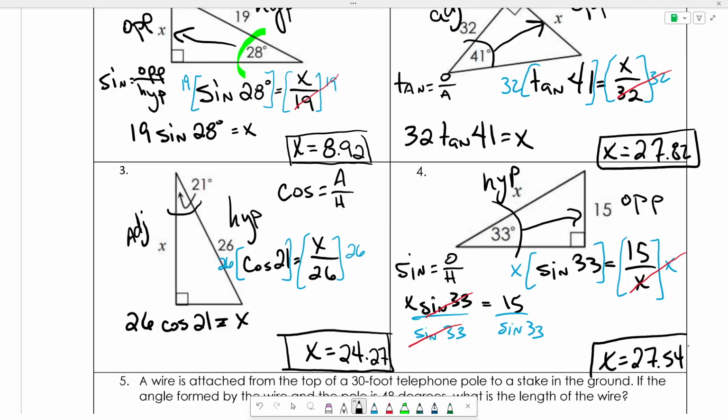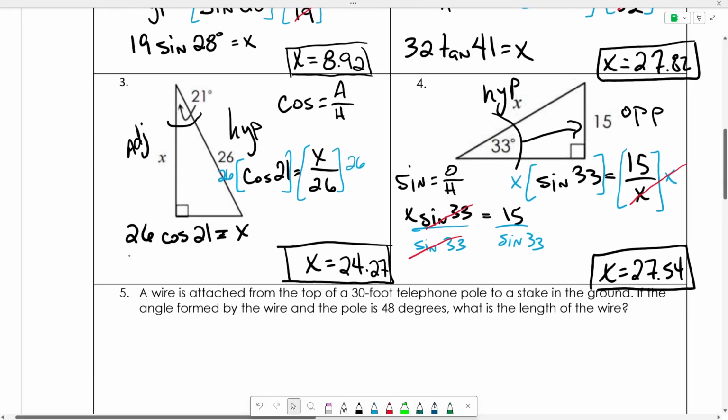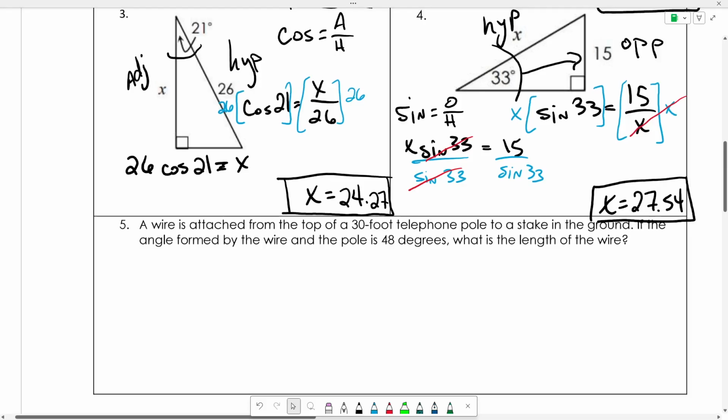It's like, okay, great. We can go find missing sides of just random triangles. What do we actually do with these things? Well, whenever we're working with these things, we can use it to solve problems like this one right here.